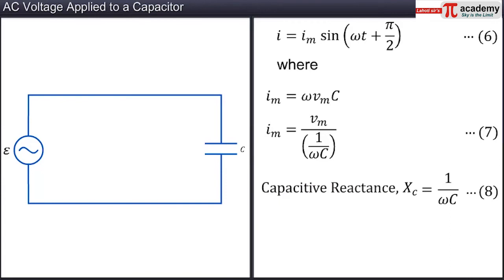From equations 7 and 8, we get the amplitude of the current, Im, as the amplitude of the voltage, Vm, divided by the capacitive reactance, Xc.